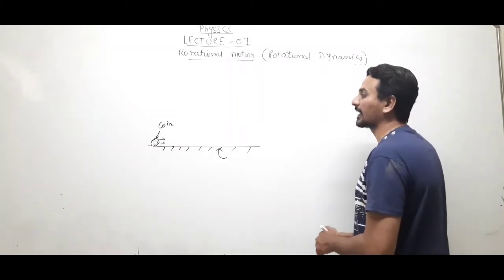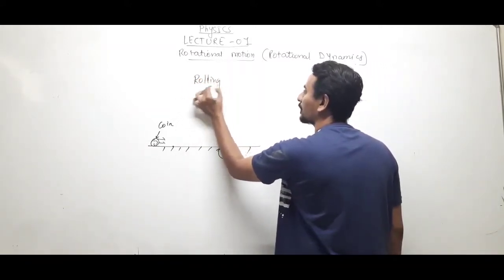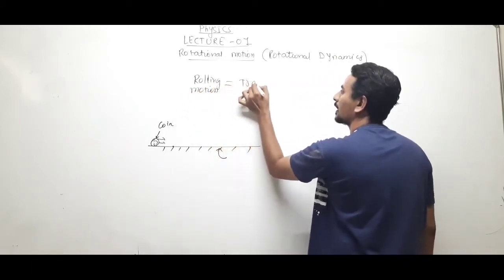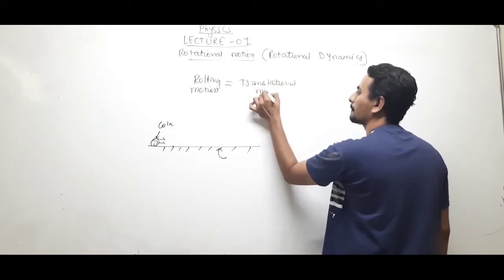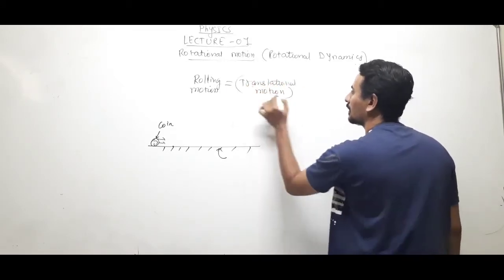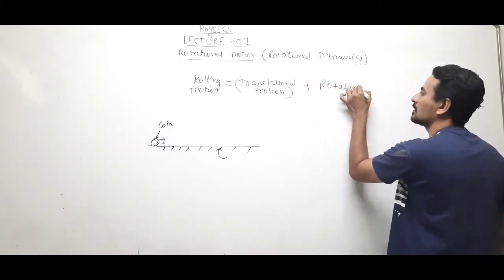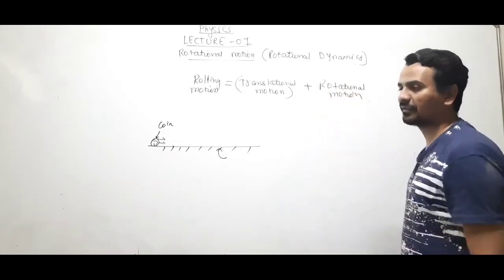So rolling is actually a combination of two motions. Rolling motion is a combination of translation motion plus rotational motion. A combination of these two is known as rolling.